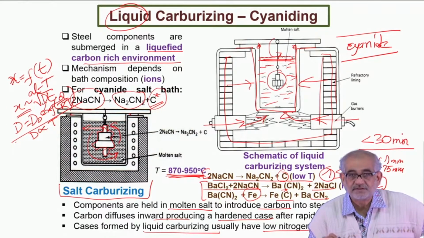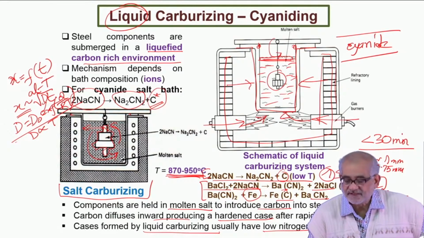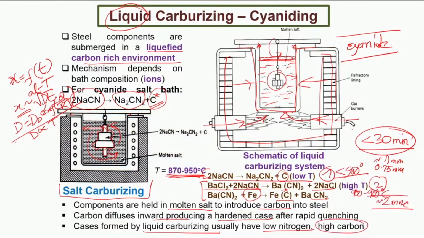That is why, despite the fact that it is a very fast, kinetically quick process, liquid carburizing or cyaniding is not a very popular process adopted widely in the industry. In fact, it's usually done only for very limited components and by only a few companies.